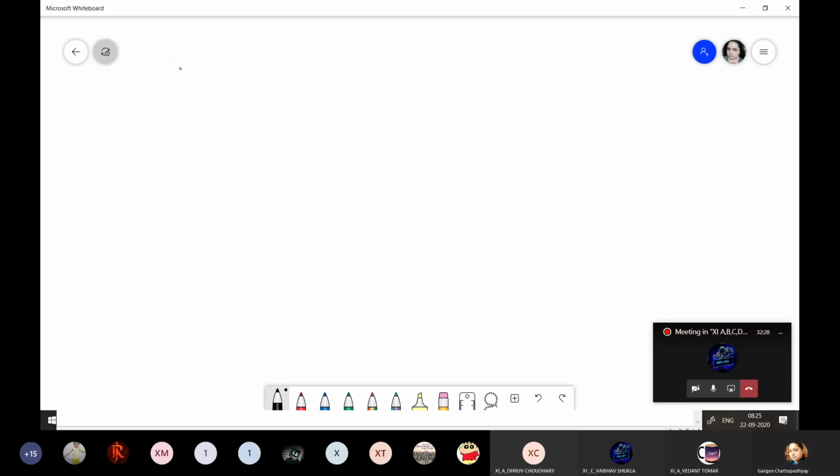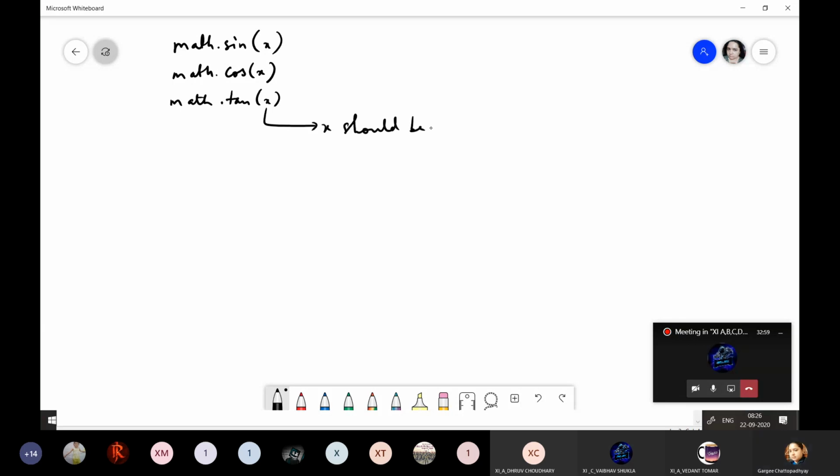Next is a very nice function: 3 functions in one go, sine, cos, and tan, where x should be a value in radians.